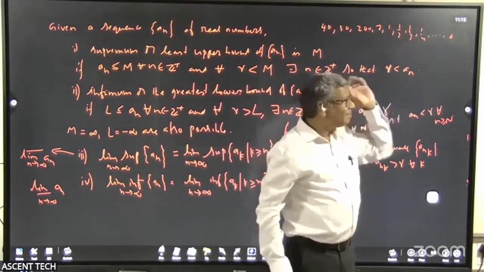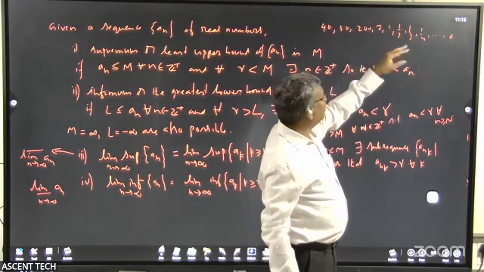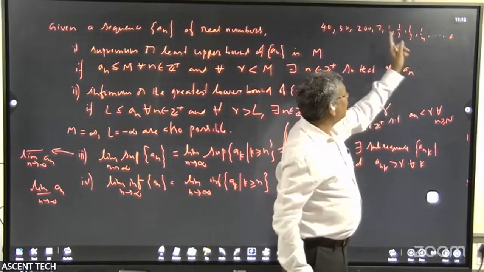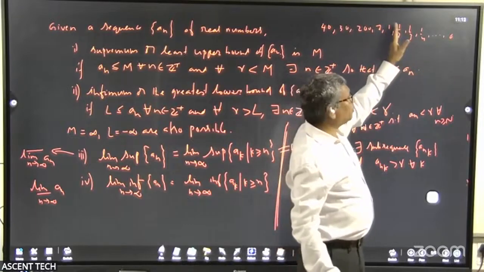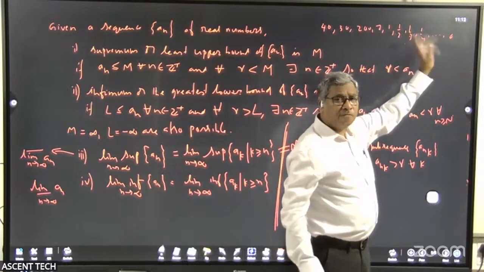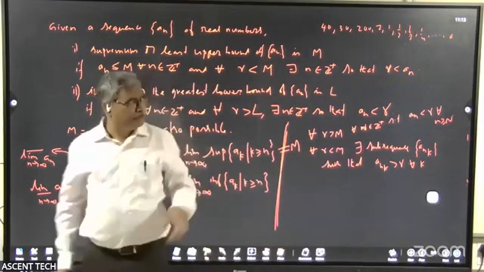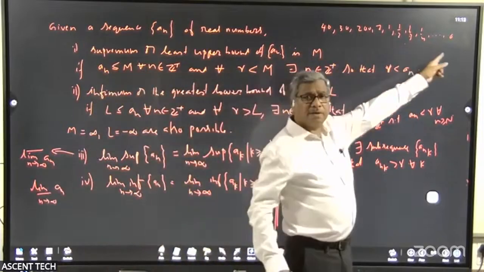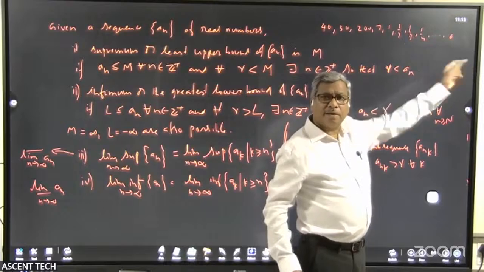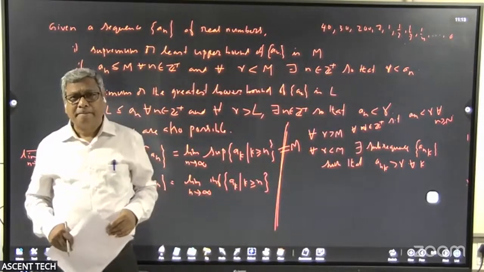If you look at the supremum from one half onward, there is one half. If you look at the supremum from one third onward, there is one third. The limit is 0. 0 is the limit supremum of the sequence. Is that clear?